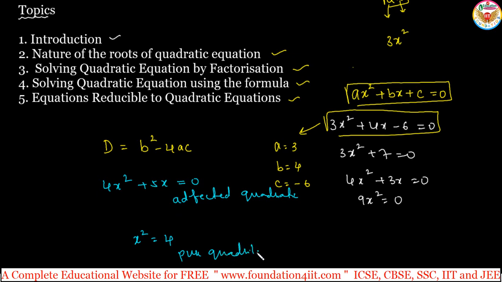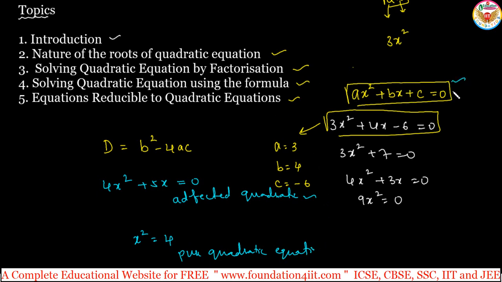This type of example is a pure quadratic equation. Affected quadratic equation: only an x squared term and an x term, no constant. Pure quadratic equation: only an x squared term and a constant, no x term. So the general form is this.